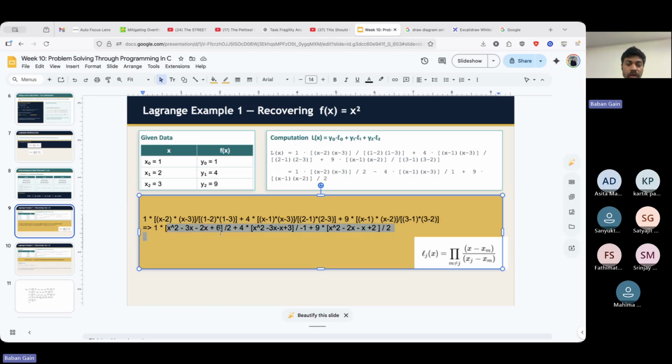X square, this one, 1 into this one is fine. Then plus 4 into this one, into minus 1 also I'm including at the same time only because divided by minus 1 is same as multiplied by minus 1. So this whole thing, you are multiplying by 2, and this thing same only.